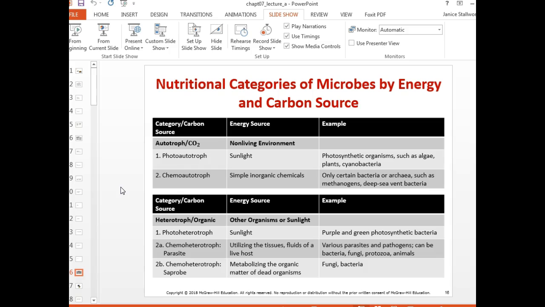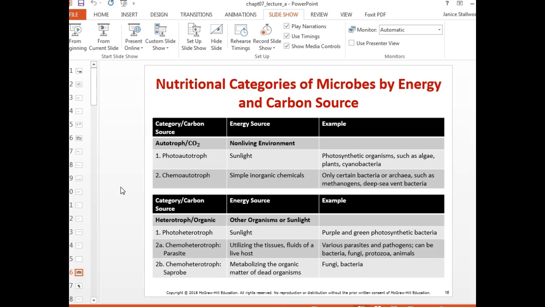An example would be the purple and green photosynthetic bacteria. A chemoheterotroph utilizes the tissues and fluids of a live host. It's a parasite. And the chemoheterotroph that metabolizes the organic matter of dead organisms is a saprobe. An example would be fungi and bacteria.